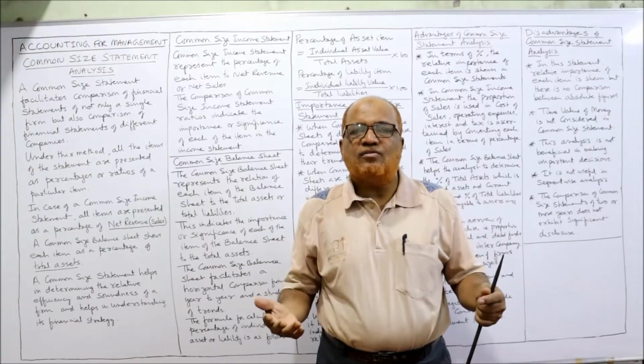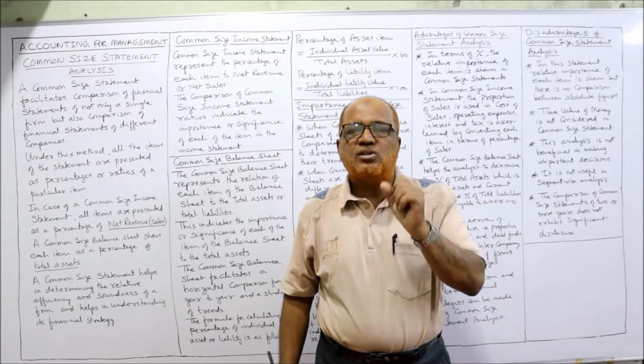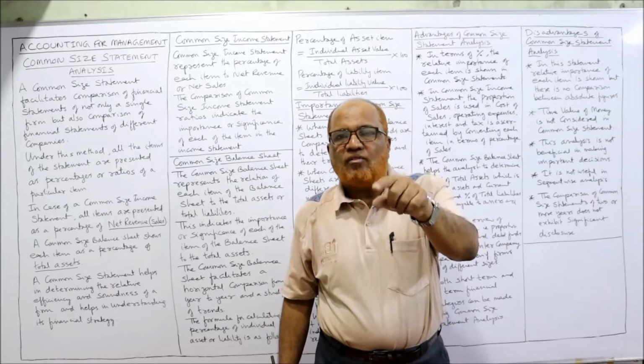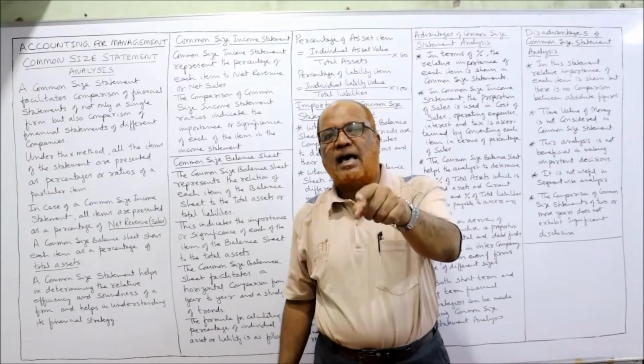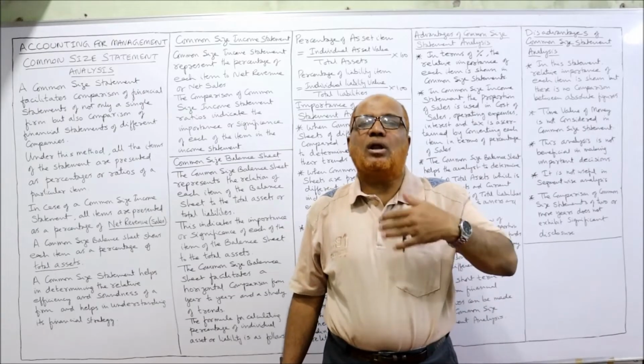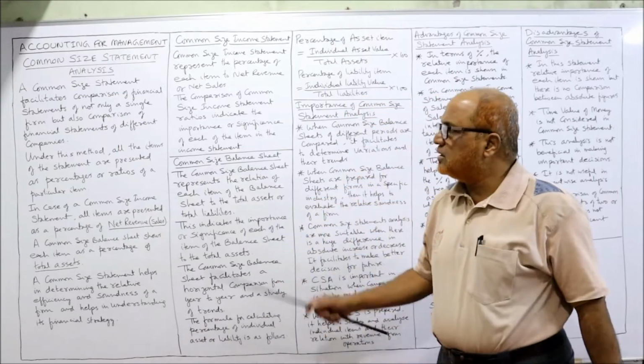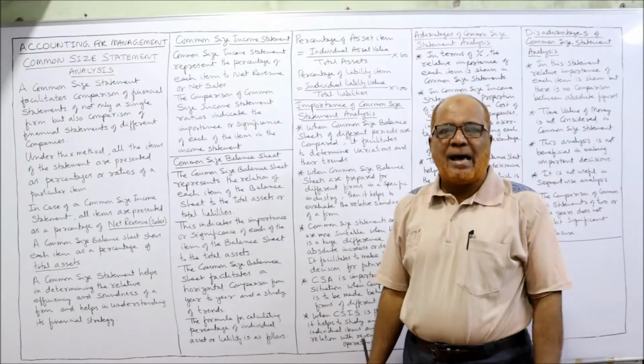What is the importance of salary? What is the significance of rent? How much is the percentage of rent on sales? How much is the percentage of salary on sales? In this way, we can know the significance or importance of every item in the income statement, right?